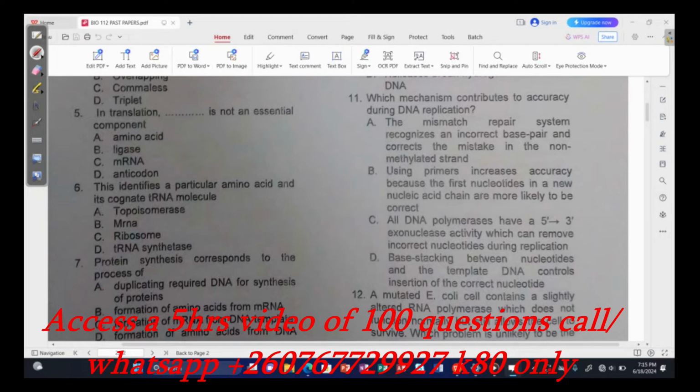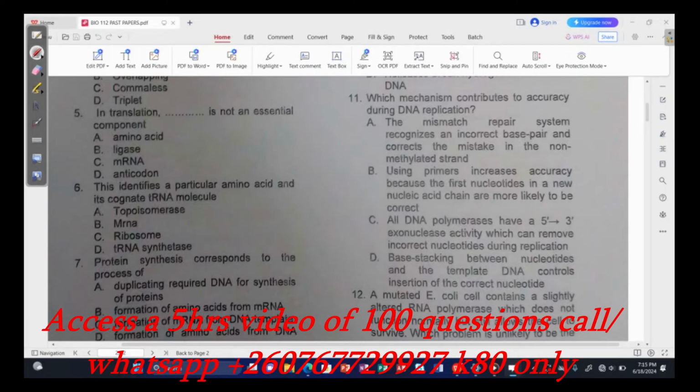A is saying the mismatch repair system recognizes an incorrect base pair and corrects the mistake in the non-methylated strand. Let's say both strands are methylated. We don't have a non-methylated strand. So it's false. B is saying using primers increases accuracy.